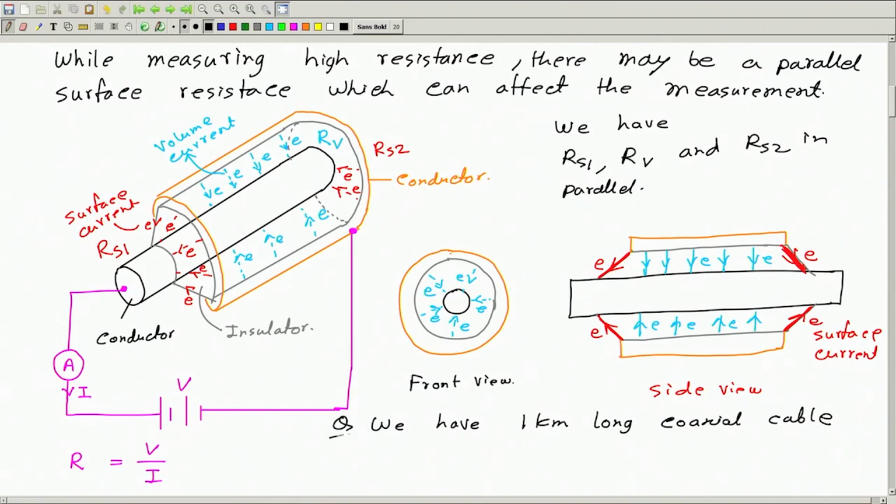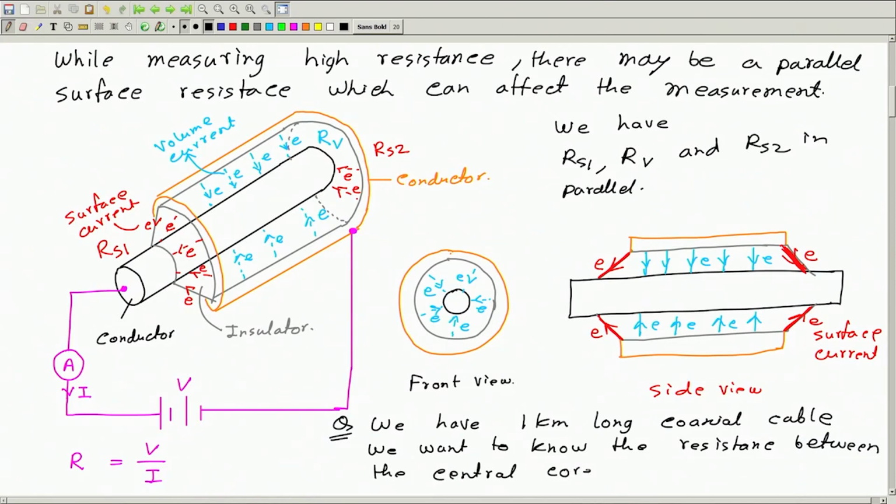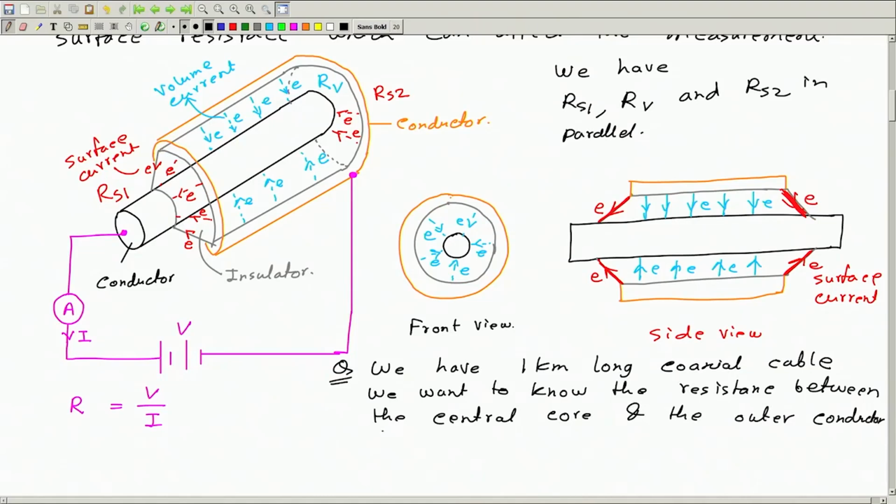So, the question: you have a 1 kilometer long coaxial cable, and we want to know the resistance between the central core and the outer sheath, the outer conductor, for this 1 kilometer long cable.